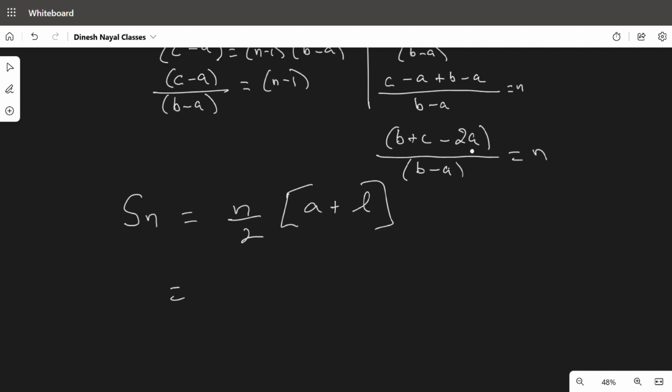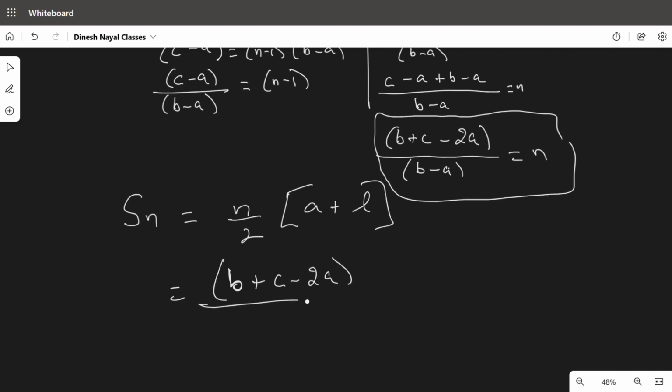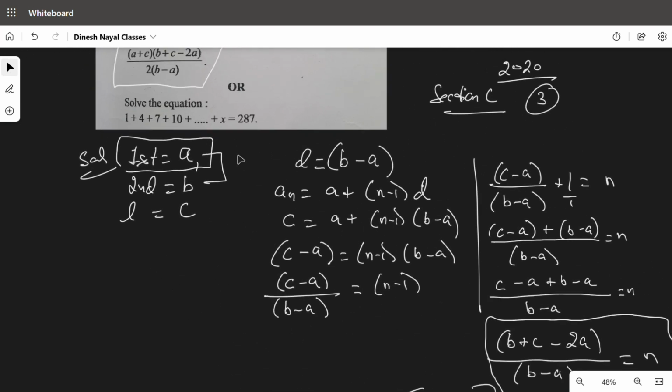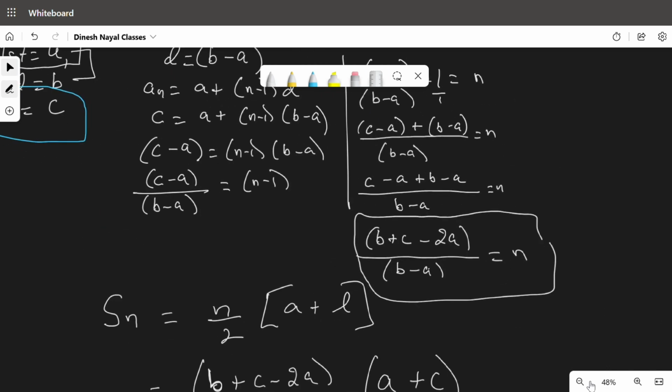Now substitute the value of n from here, this whole thing is n, which is B plus C minus 2A upon twice of B minus A, times A plus L. We know that the first term is A only and the last term was C. If you remember, I can show you this: we have taken the last term as C. So that's what we are substituting over here.